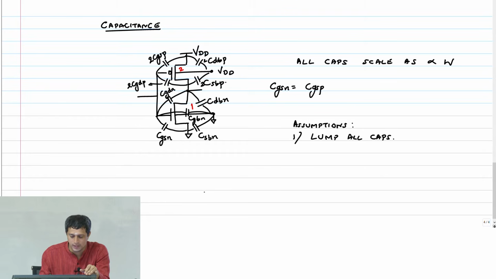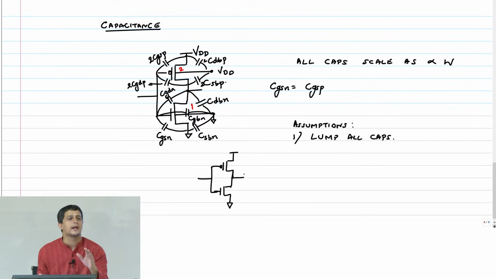First, this CGD, I'm simply going to make it a single gate capacitance. Ideally, you have to break it up as a Miller capacitance, part here, part there and all that. You can add all of them. I'm saying break everything and simply get a capacitance like this on the NMOS transistor.